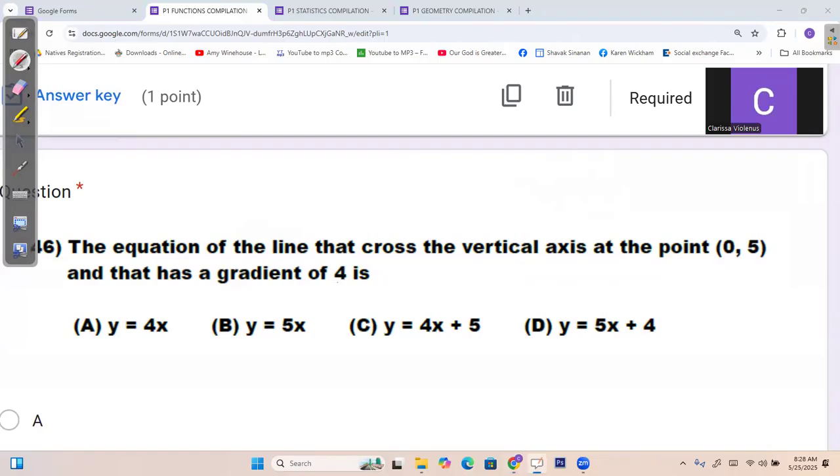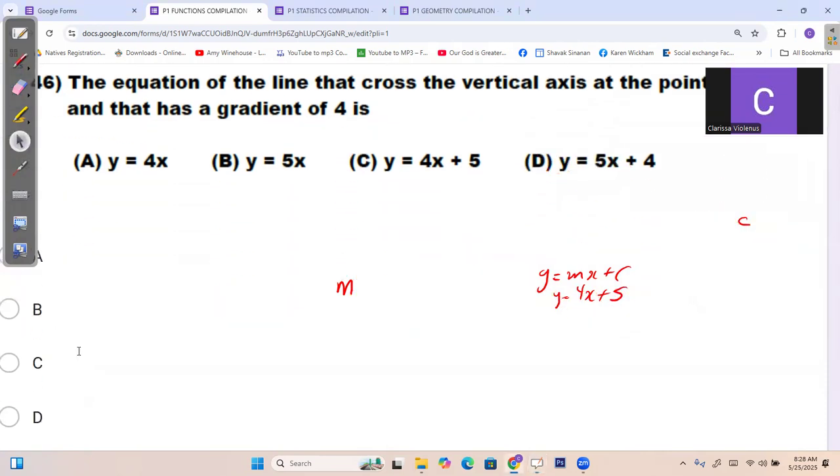If the gradient is 4, that's m. And if it crosses the vertical, which is the y-axis, at 5, that's c. So y is equal to mx plus c, which is y equals 4x plus 5. So the answer here is C.